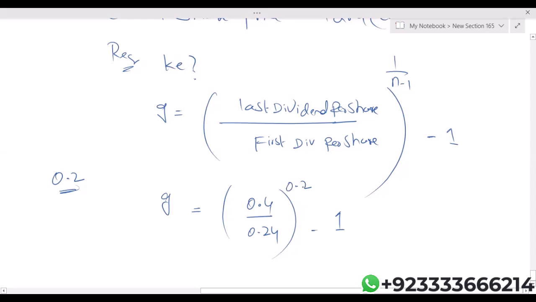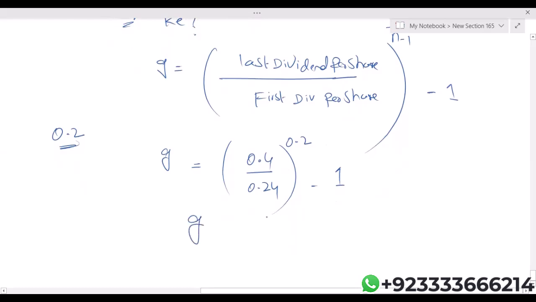Now, please listen to me carefully on how I'm using the calculator. Then I'll go to the Excel as well. 0.4 divided by 0.24. I'm getting a result of, let's say, 1.666. Now, power 0.2. So the answer of this whole bracket with the power, I'm getting 1.1076, minus 1.